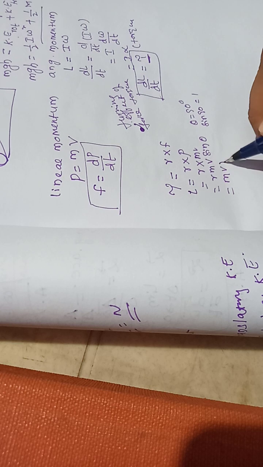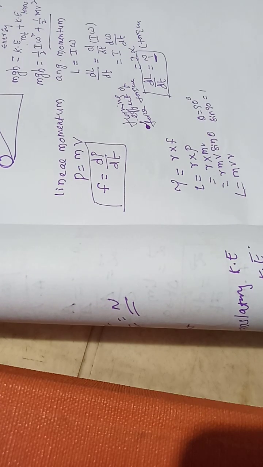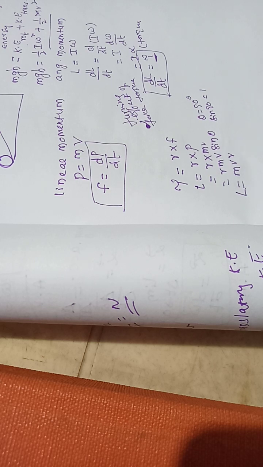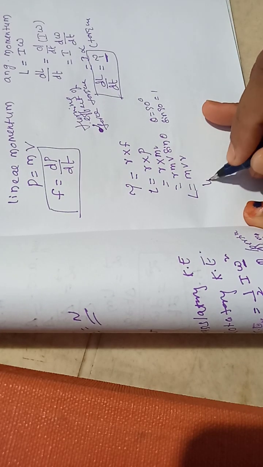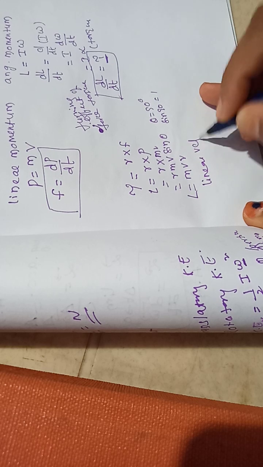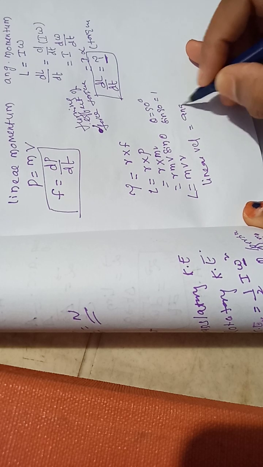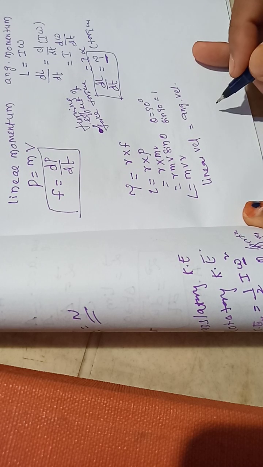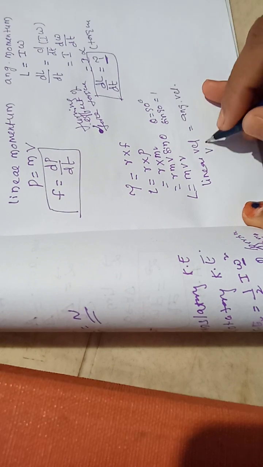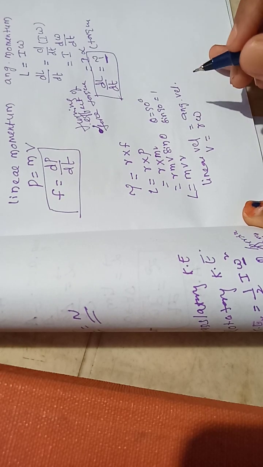So mvr is the angular momentum. Linear momentum means you substitute mv. Angular momentum means mass into velocity into distance. Do you know the relationship between linear velocity and angular velocity? It is v equals r omega.